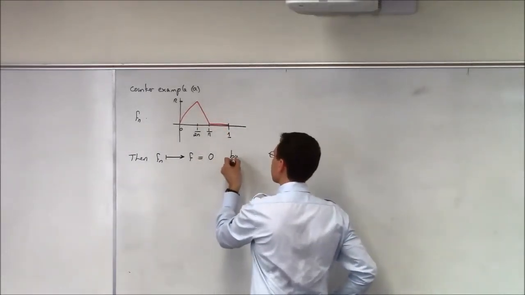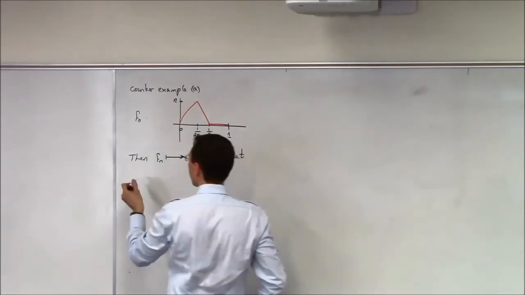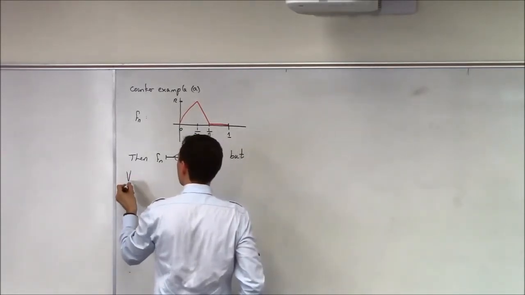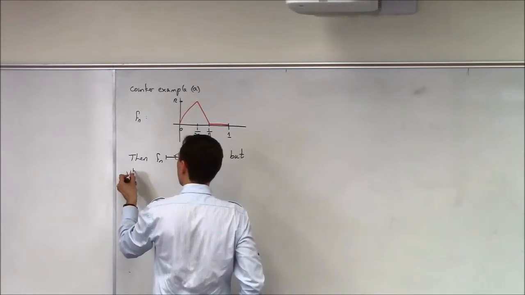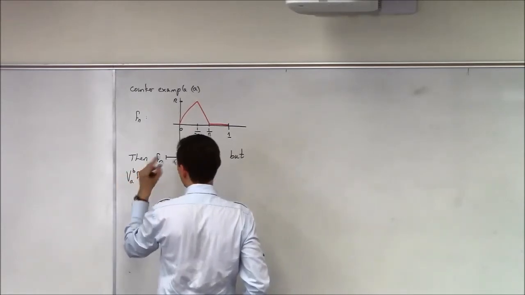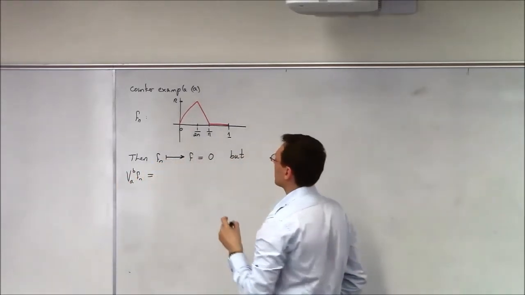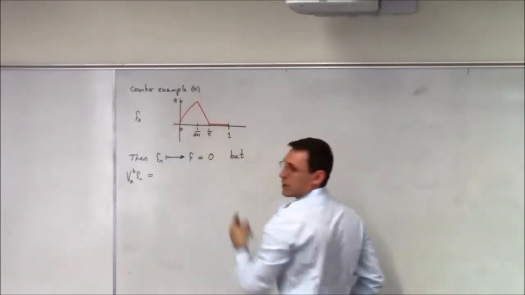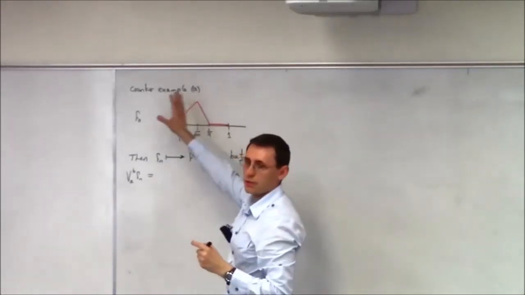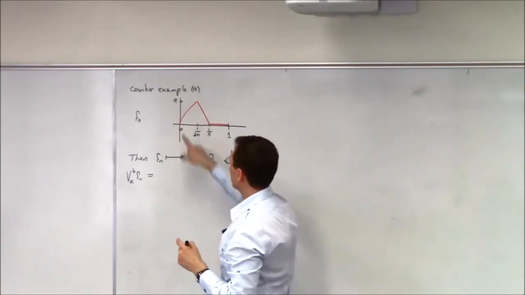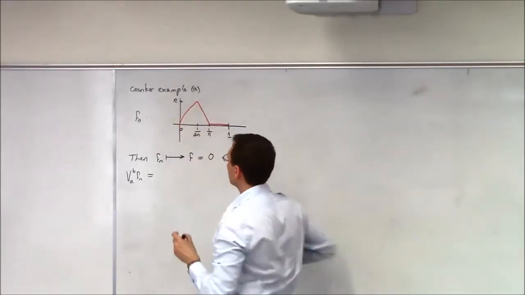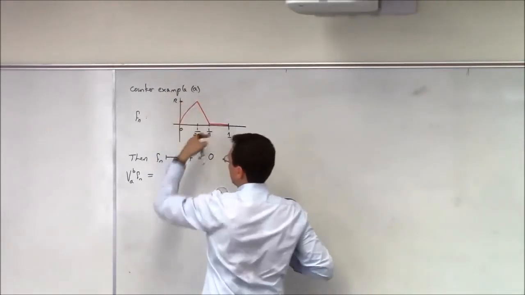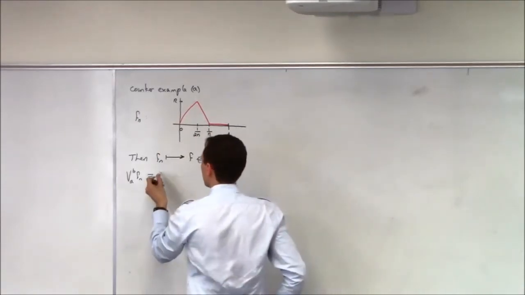But the variation on AB of Fn is equal to what? Notice you don't look at the graph, you just look at the projection of the graph onto the y-axis. So what's the variation here? 2n, right? It's this piece and that piece, so it's 2n.